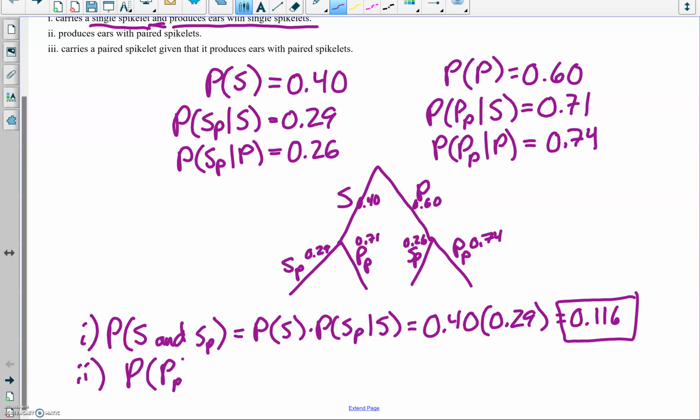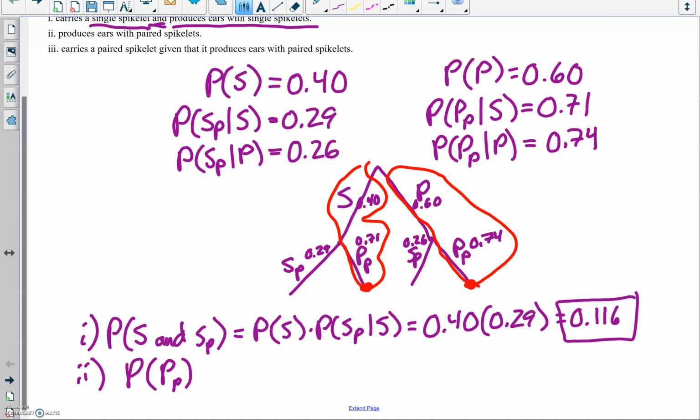So I want this probability of P sub P for the way that I'm notating things. When I look at my overall tree diagram, I've got a paired producer here, and a paired producer here. And in order to get the full probability, we've got to work down the tree.